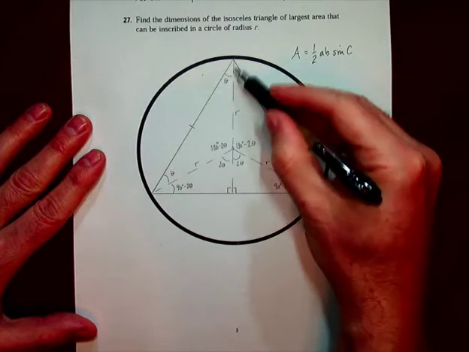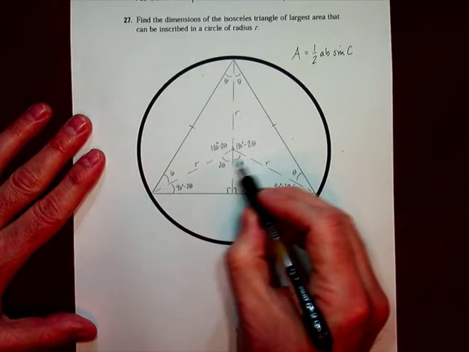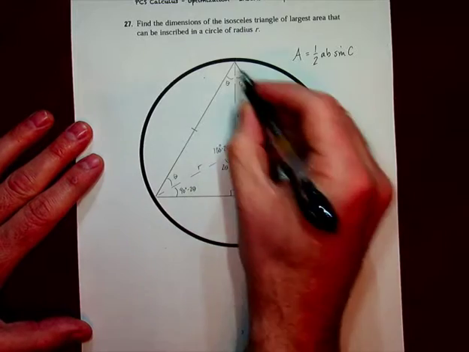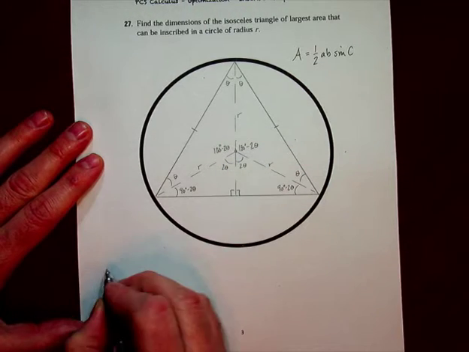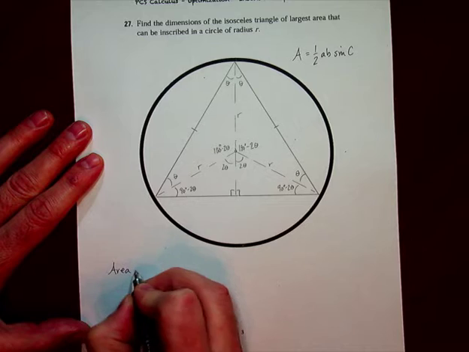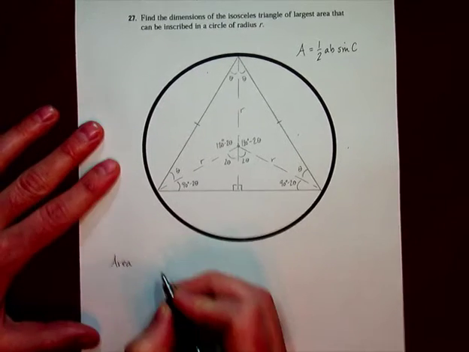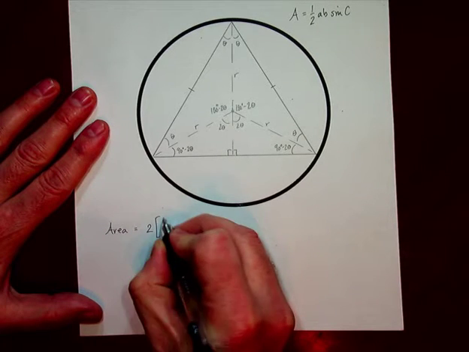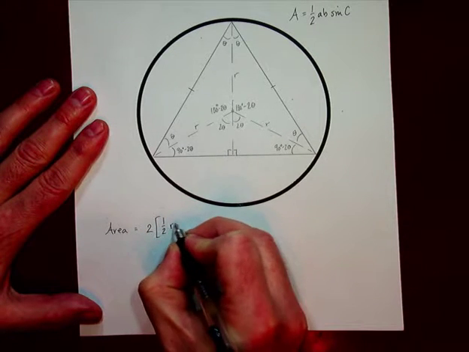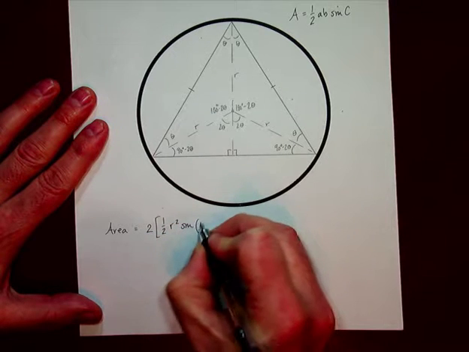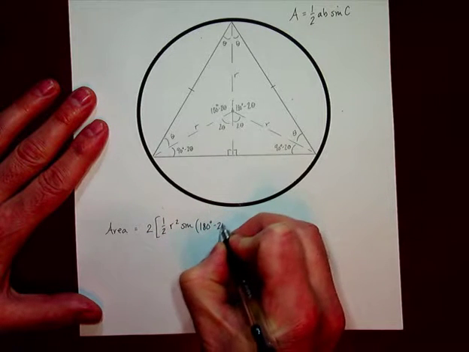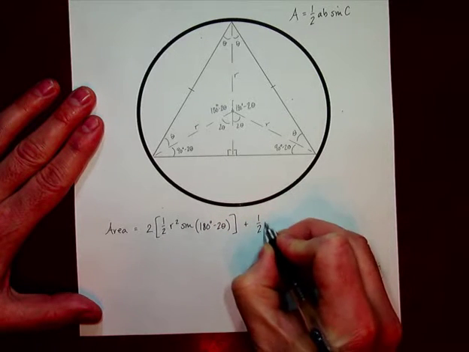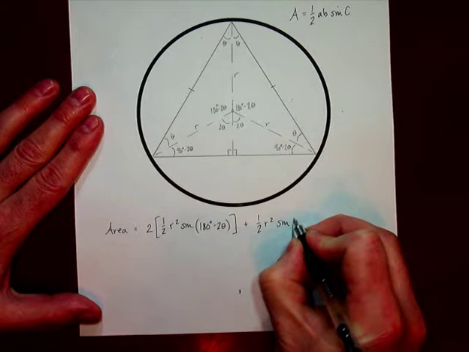Well, the 2 sides of the triangle, if you use the central angle, are going to be R and R. And these 2 on the side are equivalent to each other. So the area of the big isosceles triangle is equal to 2 times 1/2 R squared sine of 180 degrees minus 2 theta, plus 1/2 R squared sine of 4 theta.